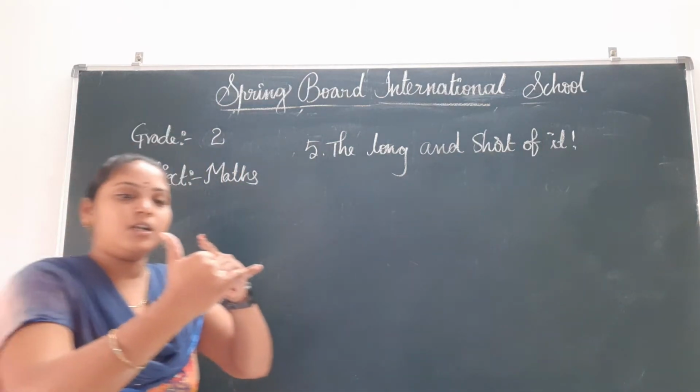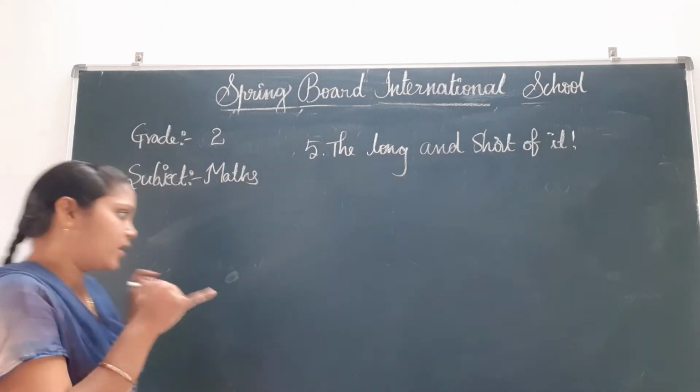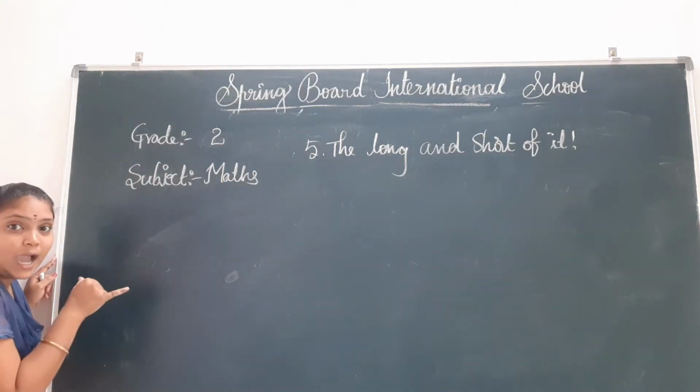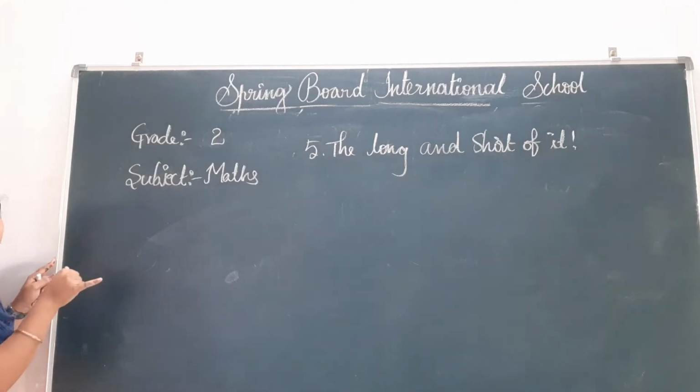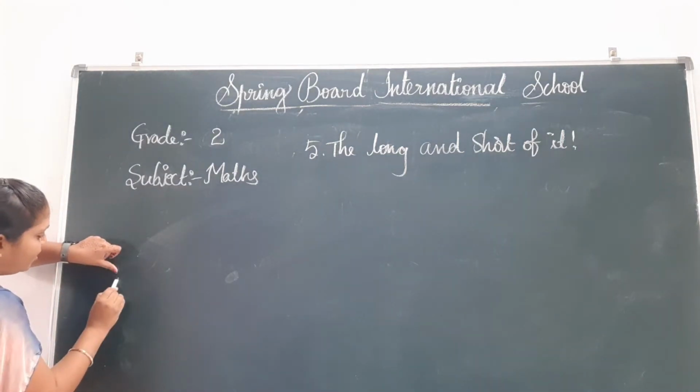I told you already, the distance between the thumb finger and the little finger. So for example, here I am measuring the length of the board. This is one hand span.